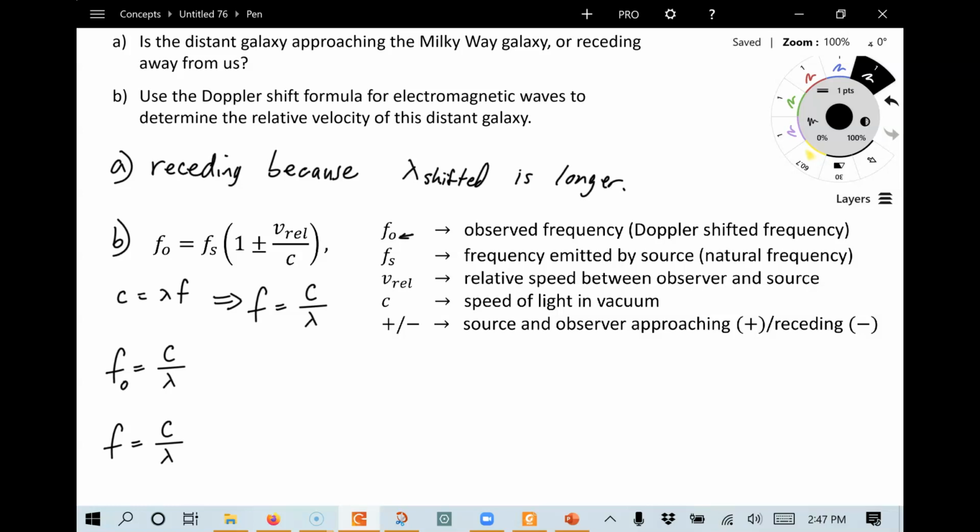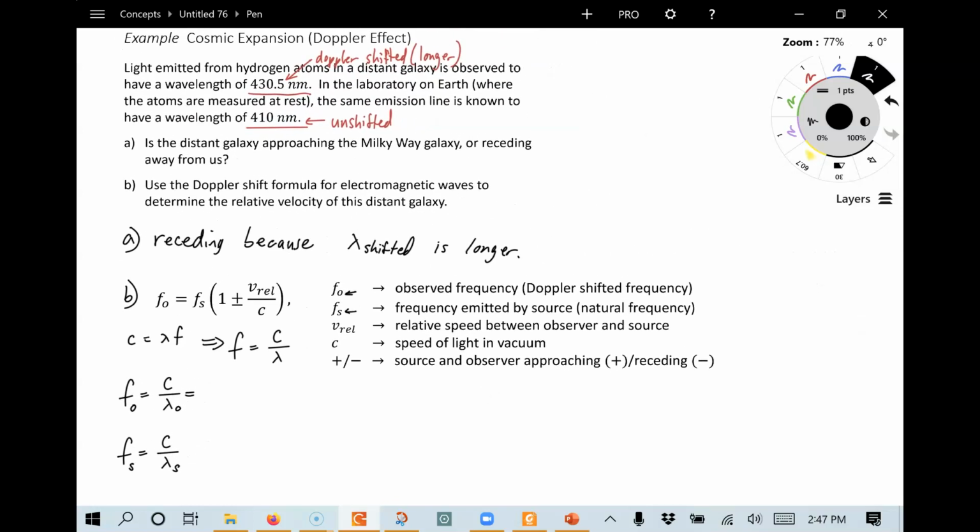And for the source frequency or the natural frequency, this is a frequency when the source is not moving with respect to us, we call that S. So in this case we've got the Doppler shifted wavelength, which is equal to 430.5, so we've got 3 times 10 to the 8th meters per second divided by 430.5 times 10 to the minus 9th meters, nanometers, right?